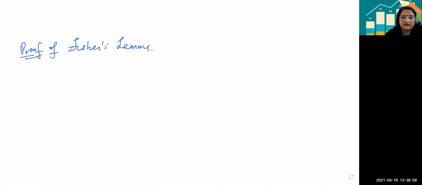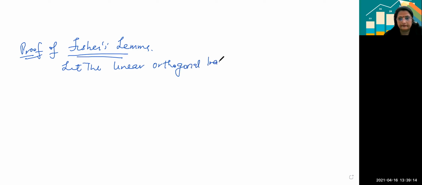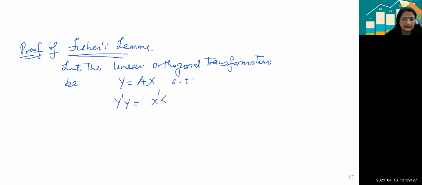So from where will we start? As a transformation, we know that let the linear orthogonal transformation be y is equal to A x such that y dash y is equal to x dash x and A dash A is equal to I n. So the base that we made earlier for the orthogonal linear transformation, we will use that.